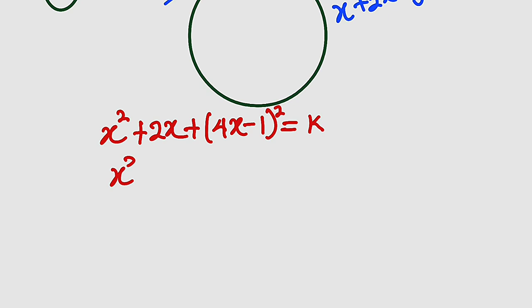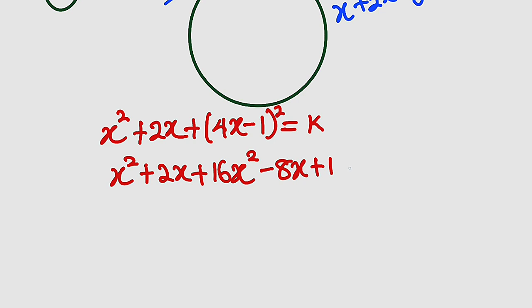We have x squared plus 2x plus, we take the first term here and square that. 4x whole squared is 16x squared. Then, because of that minus sign, 2 times 4x is 8x times 1 is still 8x. Then negative 1 squared is positive 1. And we can bring back k to the left, and this is equal to 0.